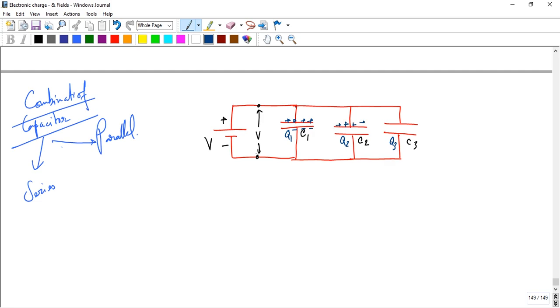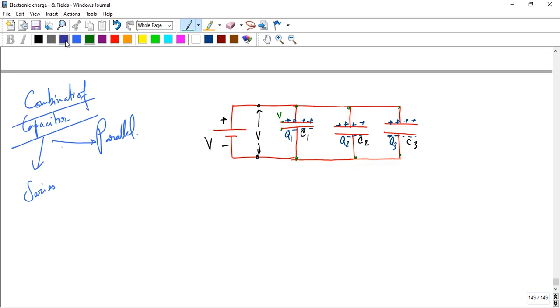But the similarity is that the potential difference between these two plates is V, because they are in parallel. So the potential here is V, here V, here V. So their potential is the same, but the storing charge capacity, charge Q, will change.